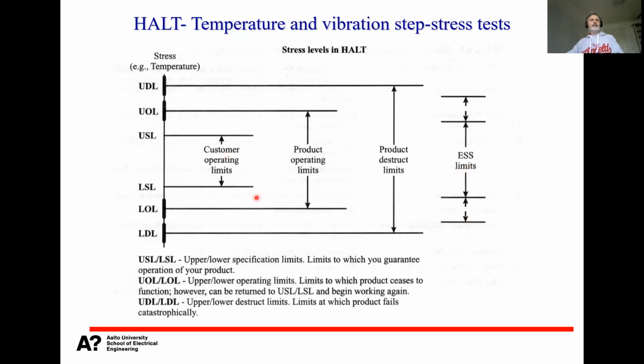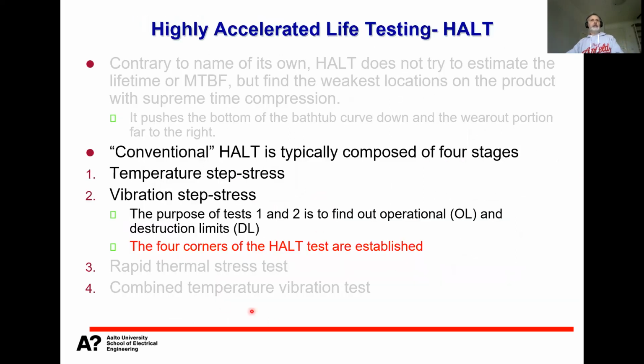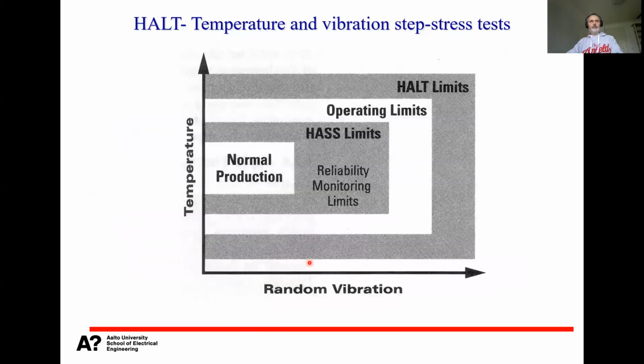Okay, so now what we have done is establish the so-called four corners of the HALT testing. What does it mean? It means that here we have the normal production operational limits, meaning that if your customer wants your product to be operational within these limits: minimum temperature, maximum temperature, and maximum vibration.